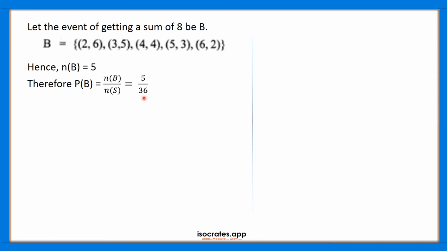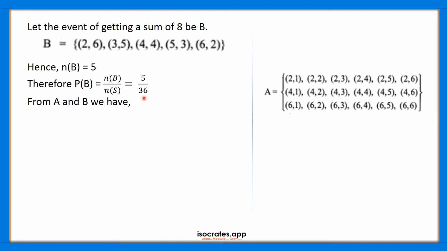In order to use this formula, we need to find P(A intersection B). So what is A intersection B? We found that A is nothing but (2,1), (2,2), (2,3), (2,4), (2,5), (2,6), (4,1), (4,2), (4,3), (4,4), (4,5), (4,6), (6,1), (6,2), (6,3), (6,4), (6,5), and (6,6).